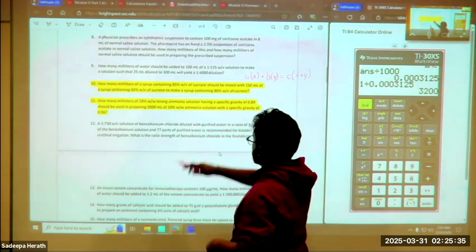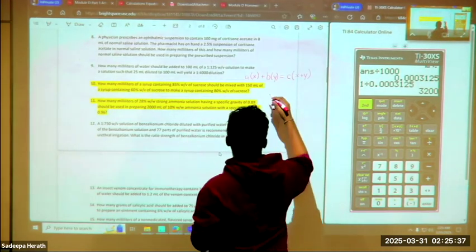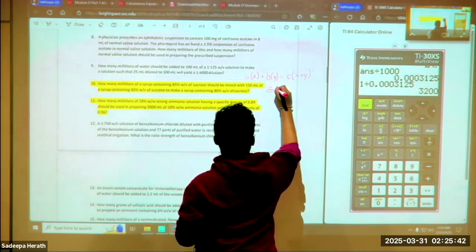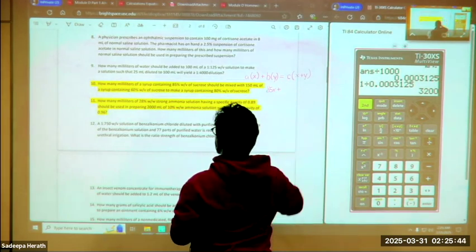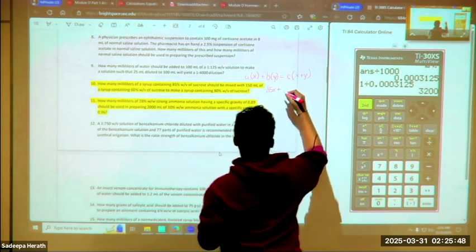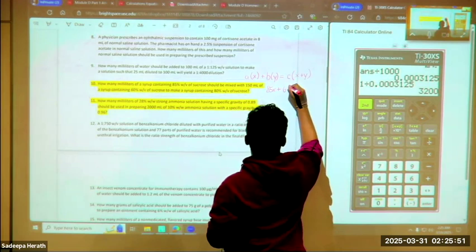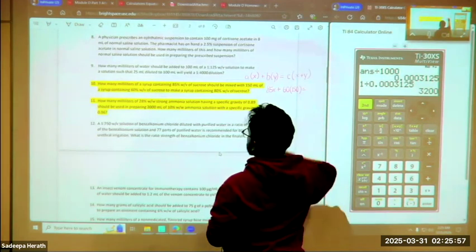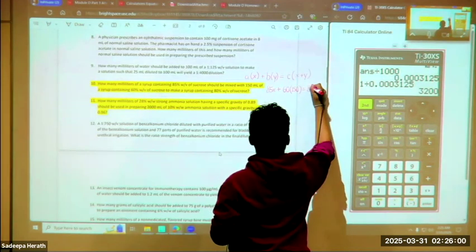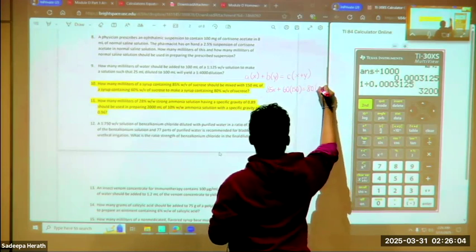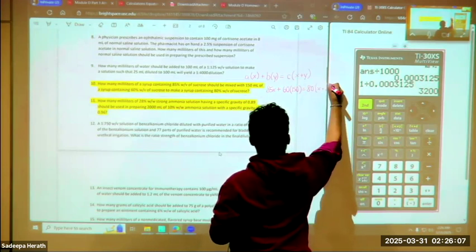So we can do 85% of x, 85x, plus 150 mL of 60%, equals 80% of x plus 150.